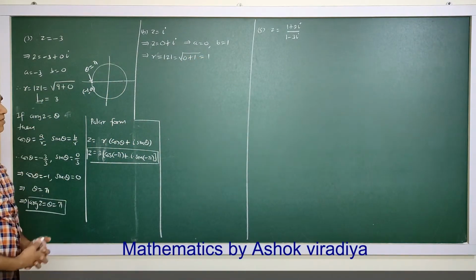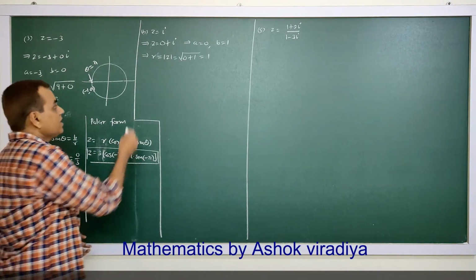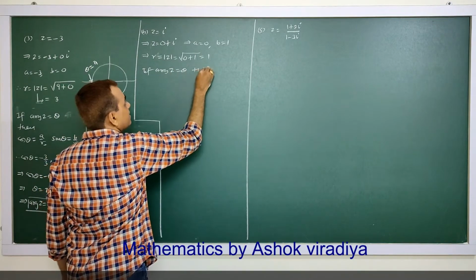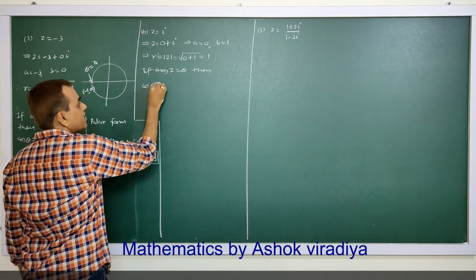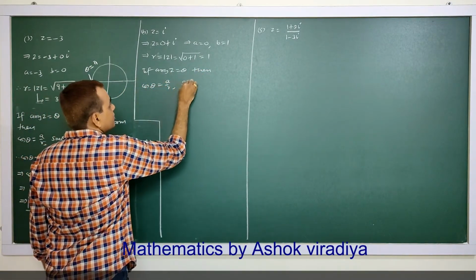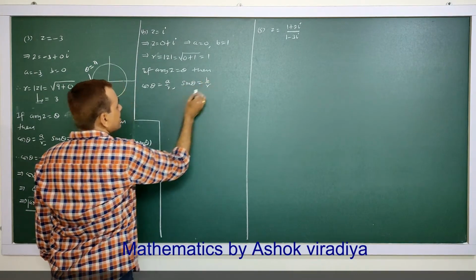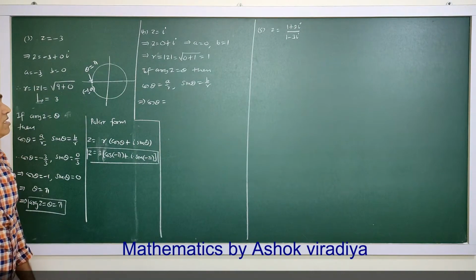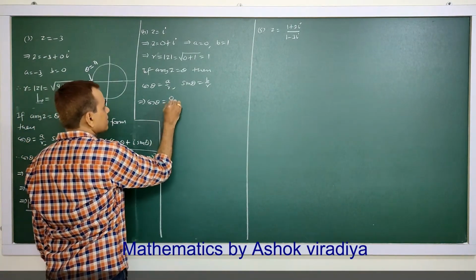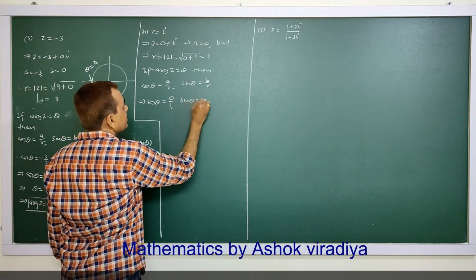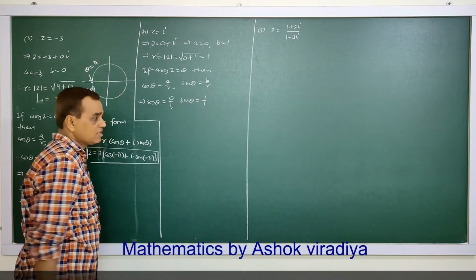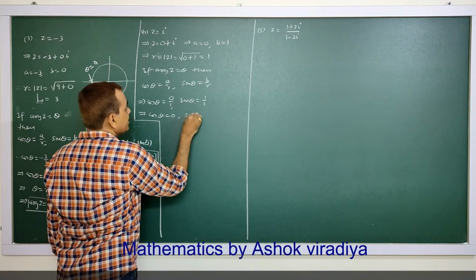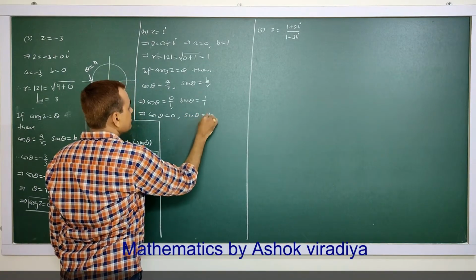So modulus is found. Now, if the argument of z is theta, then cos theta is a by r, sin theta is b by r. So cos theta is 0 by 1, sin theta is 1 by 1. So cos theta is 0, sin theta is 1.